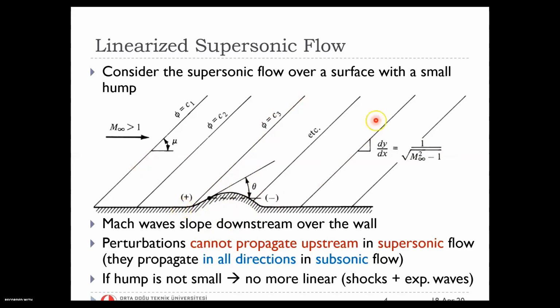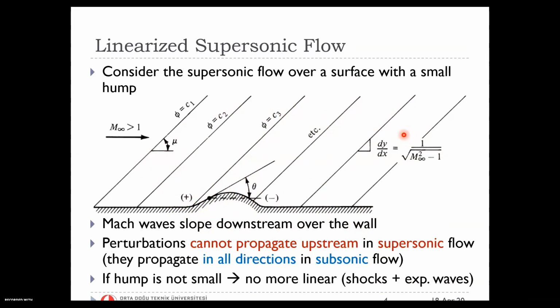They will propagate downstream along these Mach lines. So this is now in accordance with the type of partial differential equation, because this is a hyperbolic partial differential equation, and in hyperbolic partial differential equations information propagates along characteristic lines.